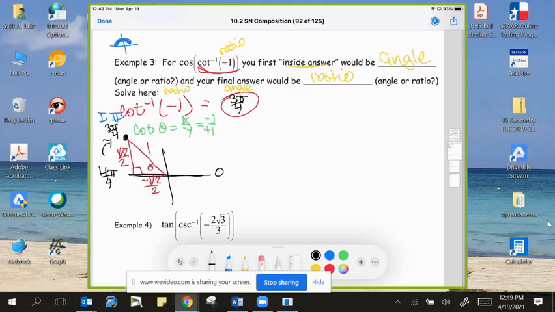So cotangent inverse of -1 is 3 pi over 4. Questions here? Now, that was just the inner function. We need the outer function. So we need cosine of the result we just got. Well, that result we just got was 3 pi over 4.